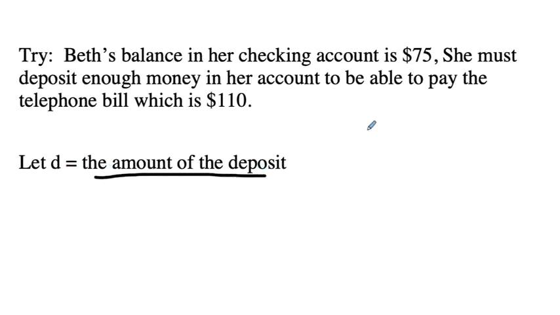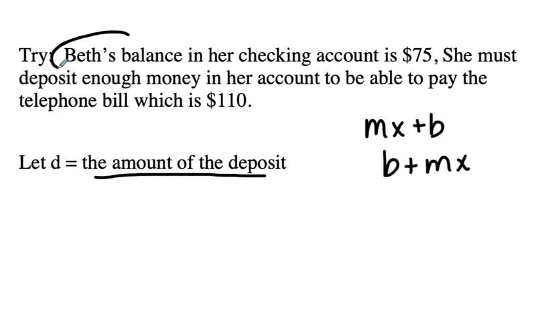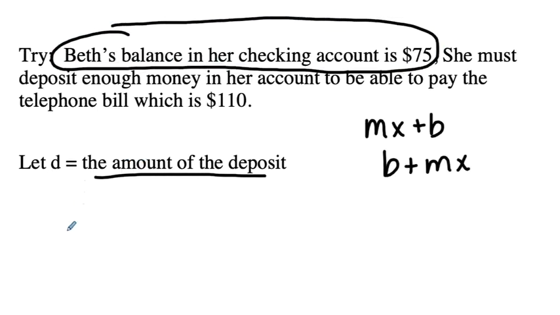So again, if it's in the form mx plus b or b plus mx, either one, they're the same thing, I want to find that initial value, that starting value. So it looks like the starting value of her checking account was $75, okay? The changing value is how much she adds to the account because we're not really sure how much she's going to add. So plus D. We need that to be at least, so greater than or equal to $110.